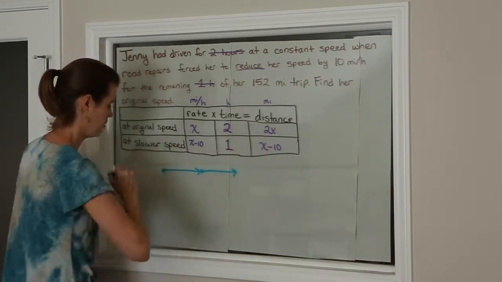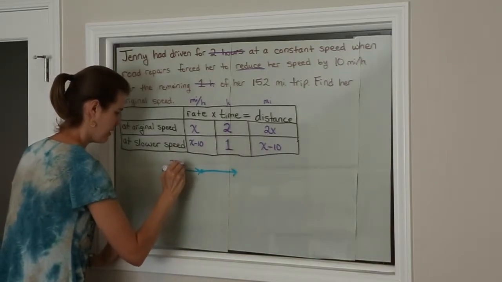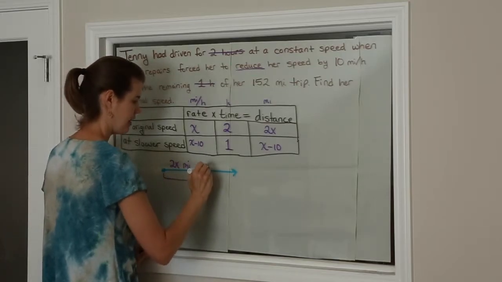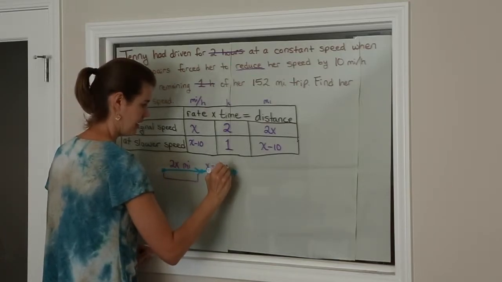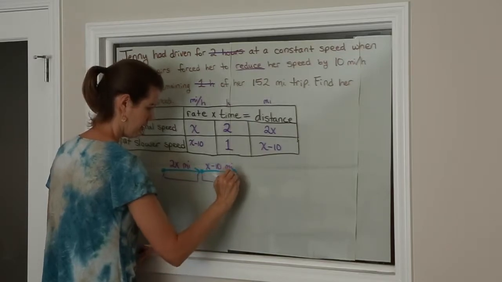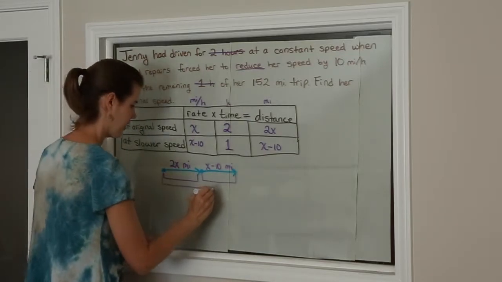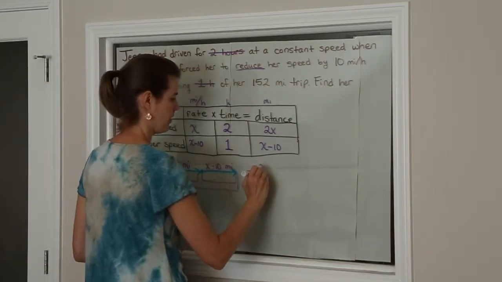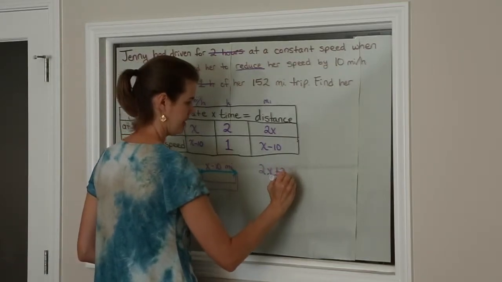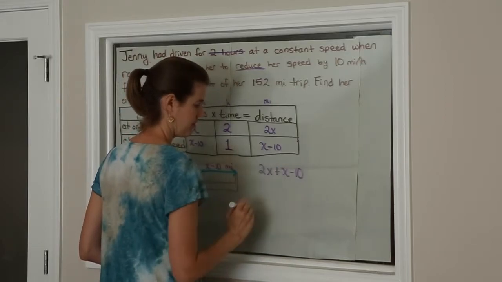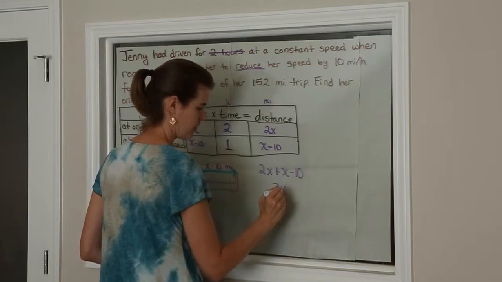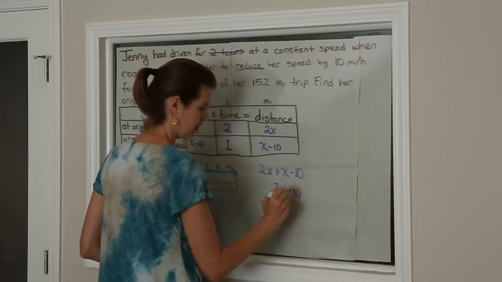That means if she went 2x miles here, and she went x minus 10 miles here, then all together, you're going to add those. So you will have 2x plus x minus 10. Your like terms will add together to give you 3x. So you're going to have 3x minus 10.